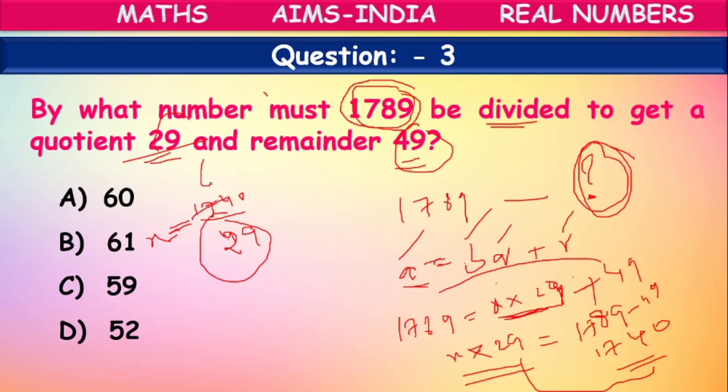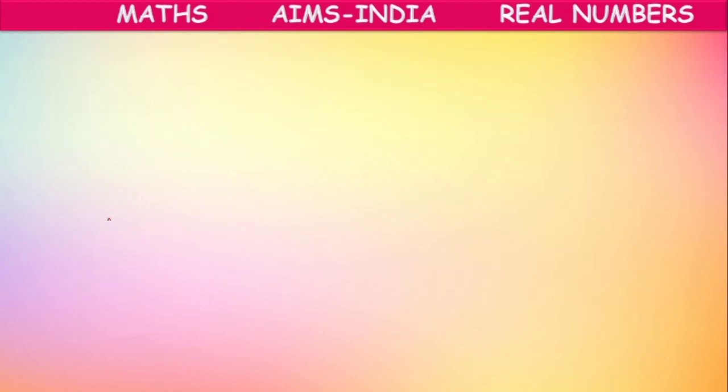So 29 6 times are 174. 29 0 times are 0. So 60 is the answer. In the place of B, 60 should be there. So our divisor is 60. 60 is the correct answer.